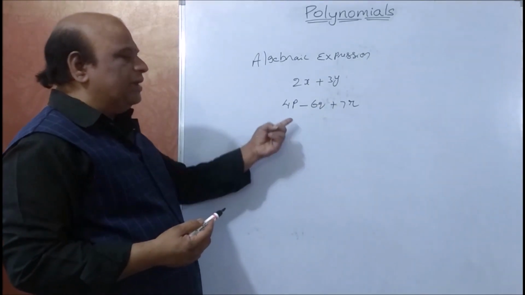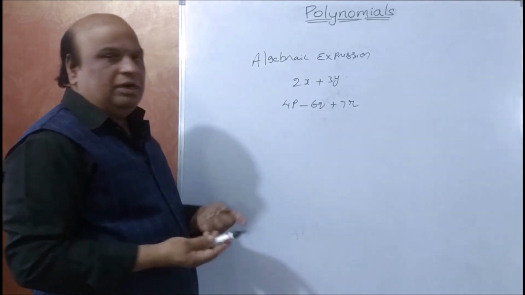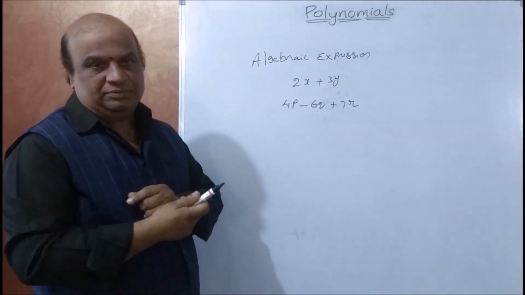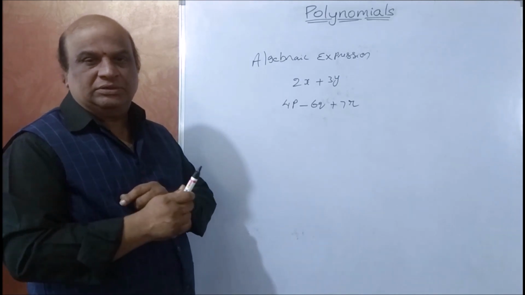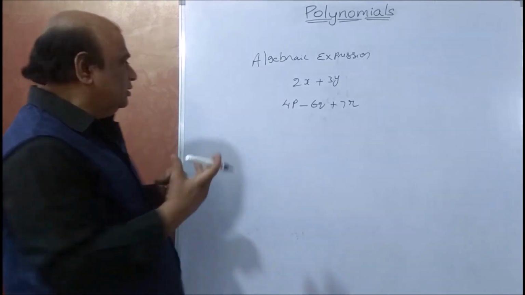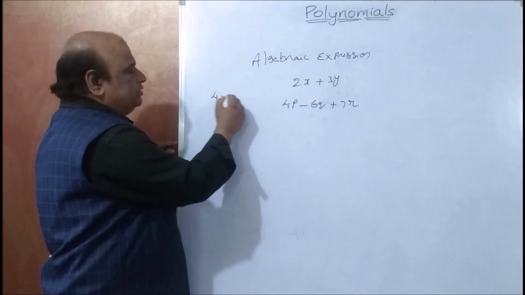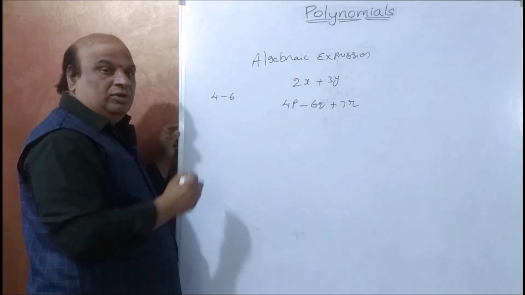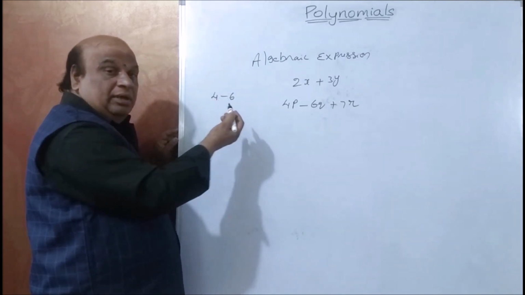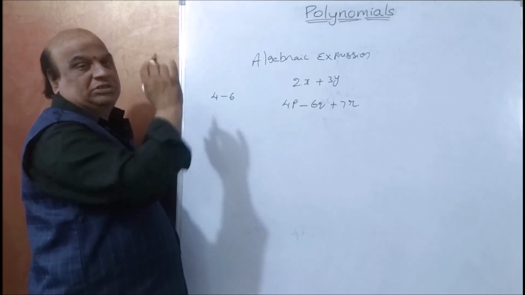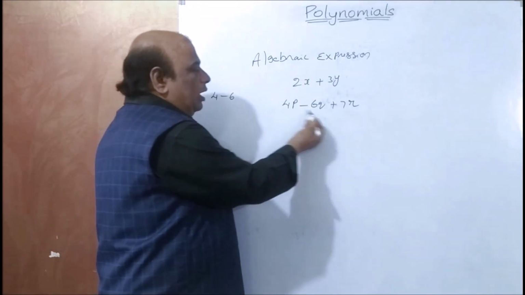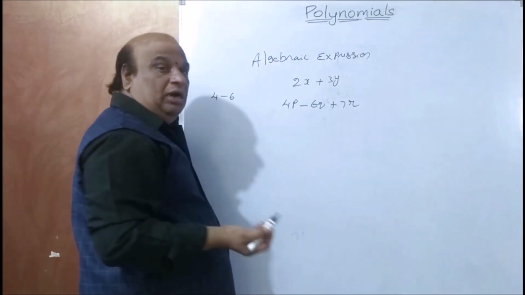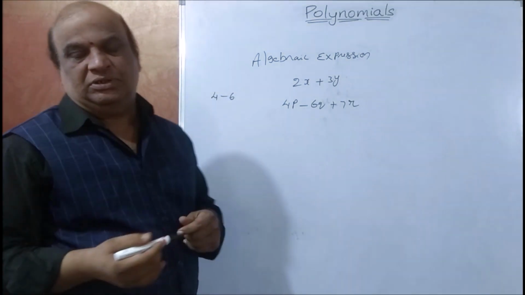Minus is nothing but adding a negative number. It is also addition. Remember this. Here 4p minus 6q means we are adding a negative number to a positive number. Like this, addition of algebraic terms is called an algebraic expression.